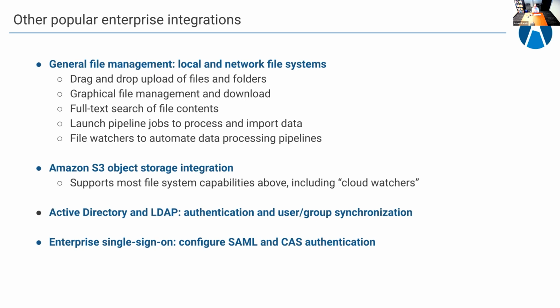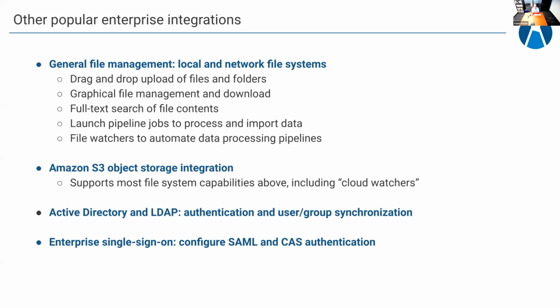And on the file system side, no doubt you have local and network file systems that store a wide variety of data. LabKey can be configured to manage those. We provide great general file management capabilities. Perhaps you have protocol documents or publications, results in a variety of different formats, policies and procedures, any type of document.